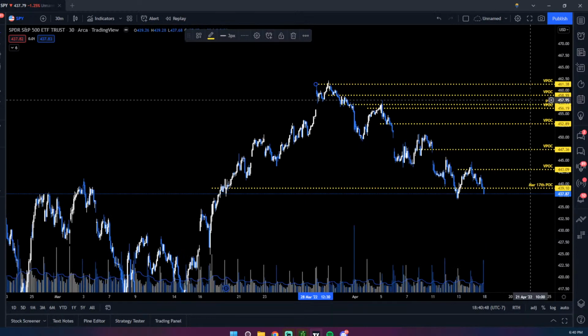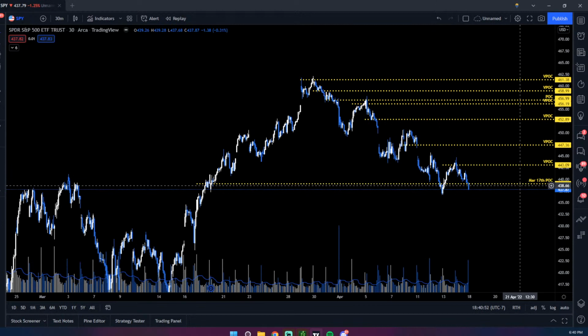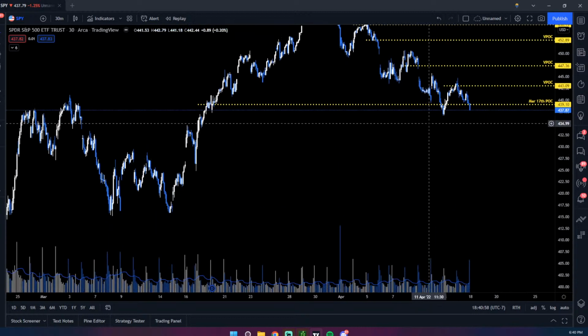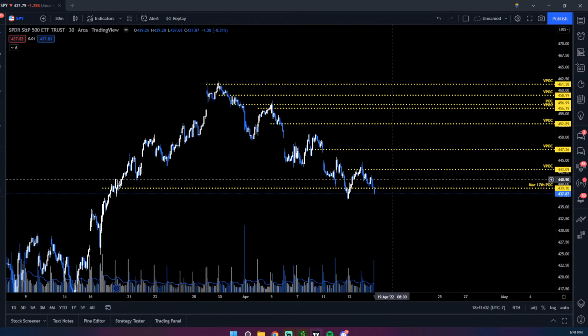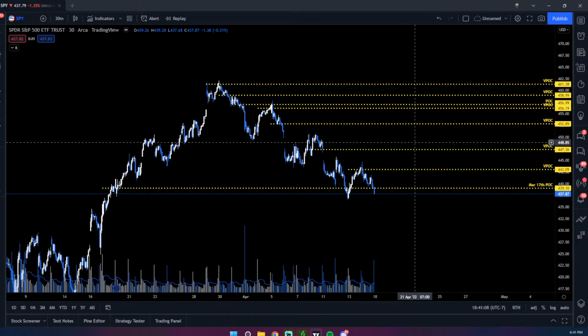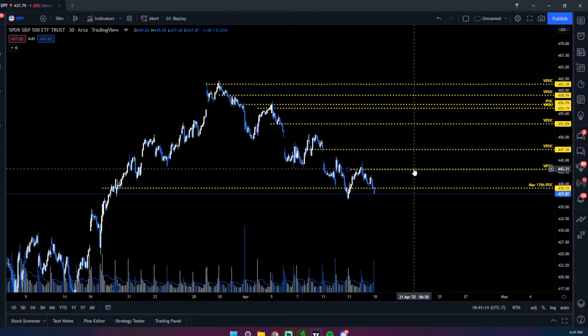Where this becomes important is if I have, in this case, 1, 2, 3, 4 virgin POCs to the upside, and I have none to the downside, more likely than not, the next time the market opens, we're going to see an uptrend start to form, and we'll start taking out these virgin POCs. Because like I said, virgin POCs are going to act as stronger magnets for price than a regular POC.